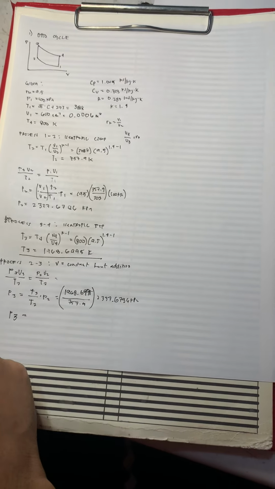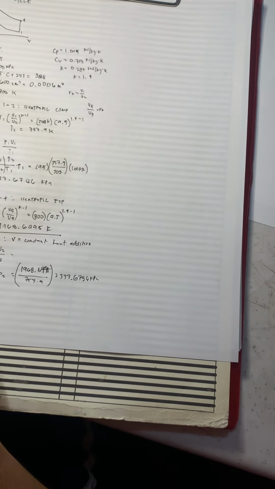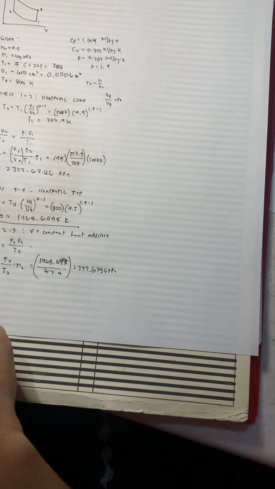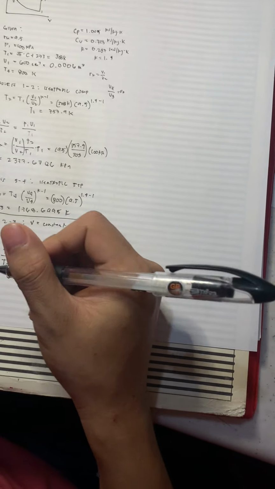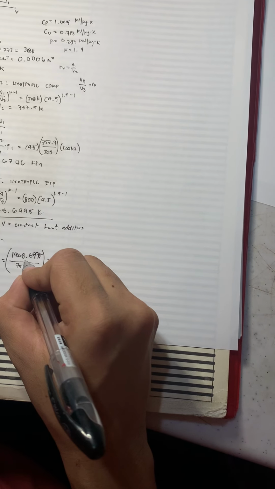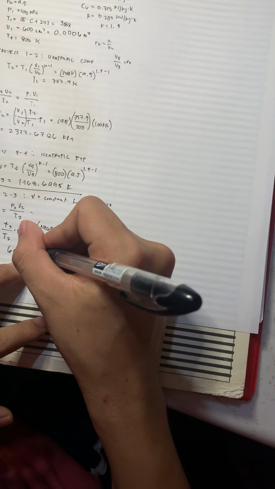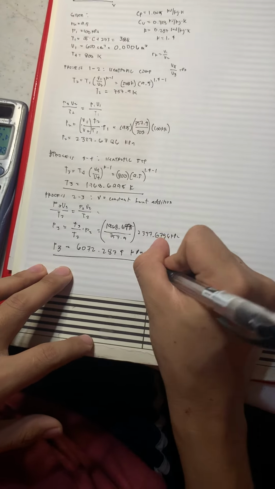P3 is 6,072.2874 kPa. Rounded, that is the highest pressure.